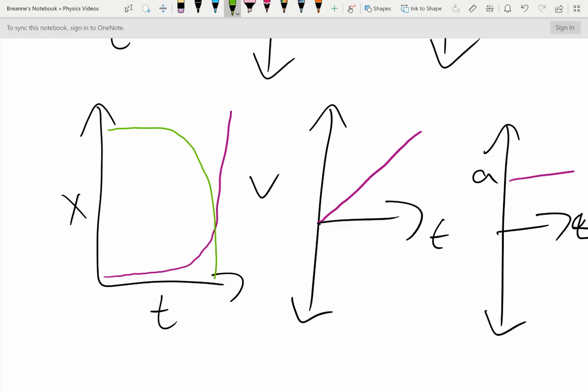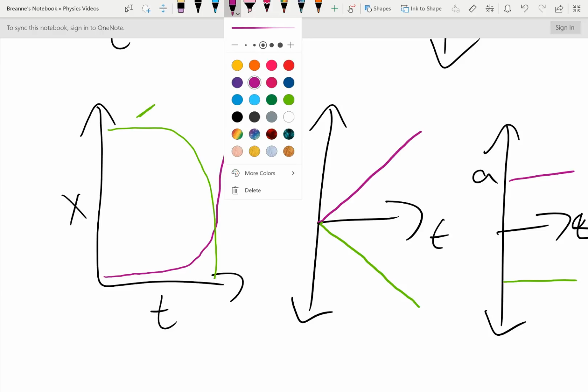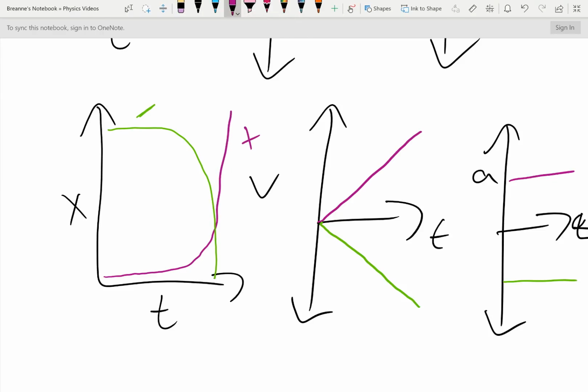So you're speeding up in the negative fashion. It kind of looks like just a mirror image of each other. And that is a negative slope, so it's down here. So the purple is accelerating in a positive fashion. Green is negative. Purple is positive.